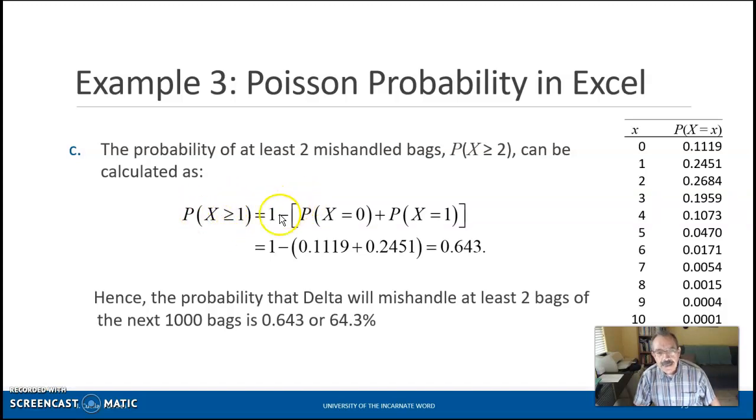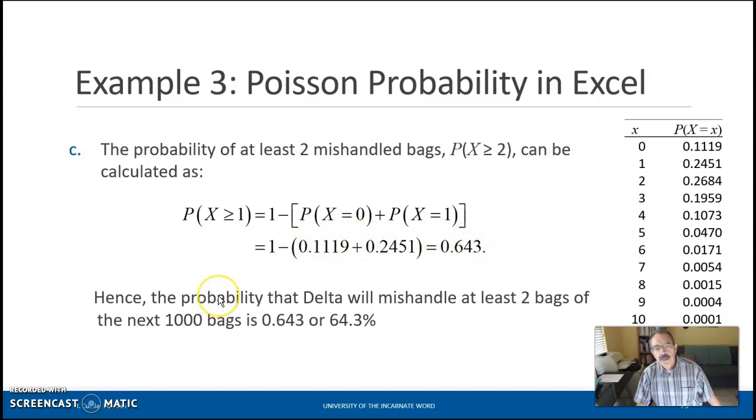But you can see that the probability there are 2 or more bags mishandled is 1 minus the probability that there are 0 bags mishandled or 1 bag mishandled. So these two probabilities come from the table right here. So we do 1 minus the addition of these two and we get 0.643.